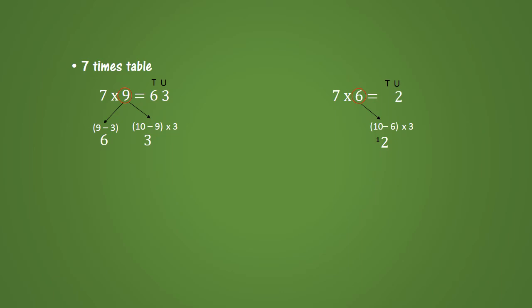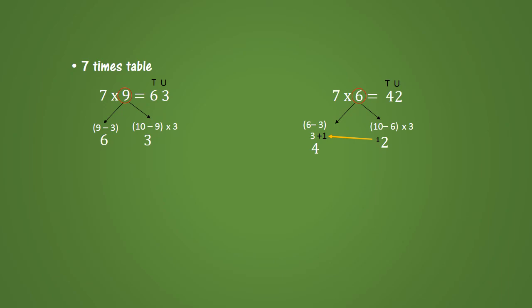So for tens place, we just have to subtract the face value by 3. So 6 minus 3 gives us 3. This 1 will be added to 3. So 3 plus 1 gives us 4, and this 4 will go to tens place. So we get 42. So 7 into 6 is 42.